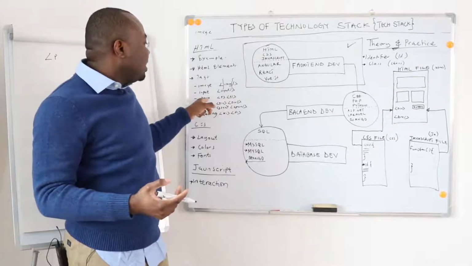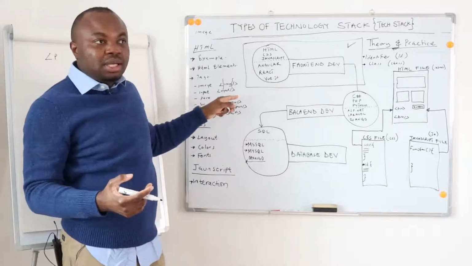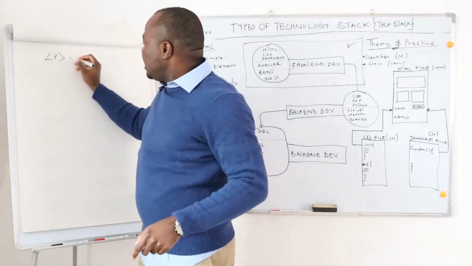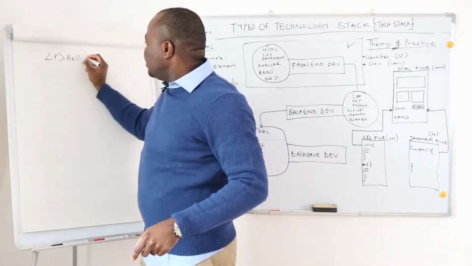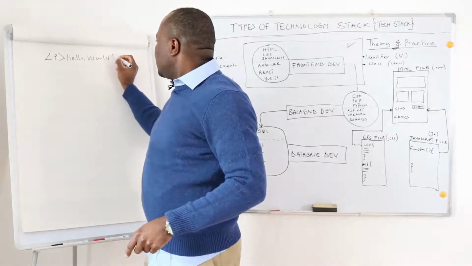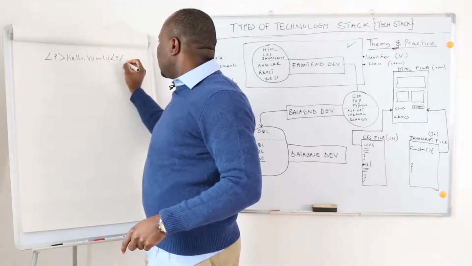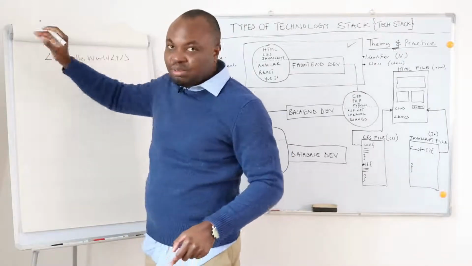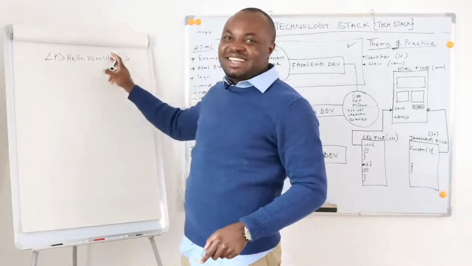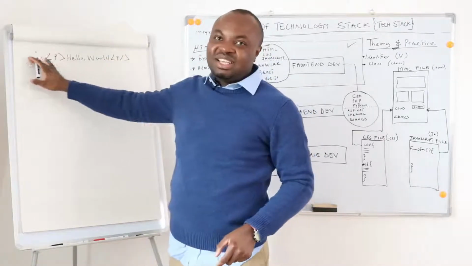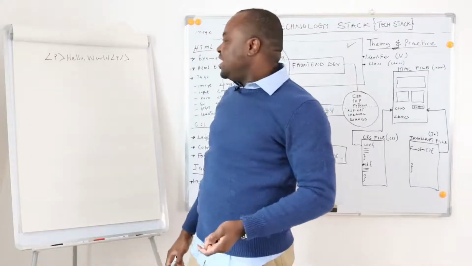Then for paragraph, the symbol is P. So you have P, you close the tag, then this is where you put your hello world, and then you close the tag. This is what the browser understands, so this is what the browser wants you to send if you are sending a paragraph.